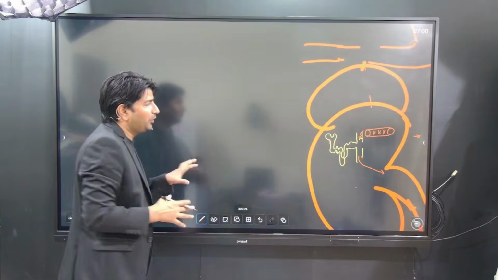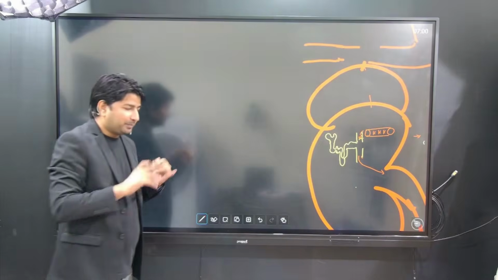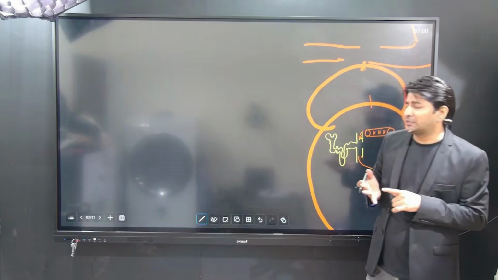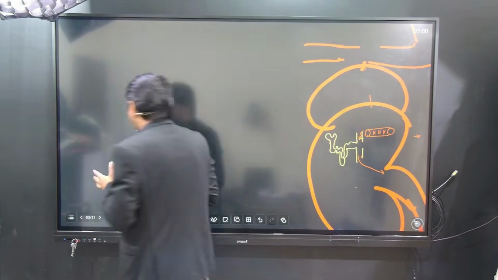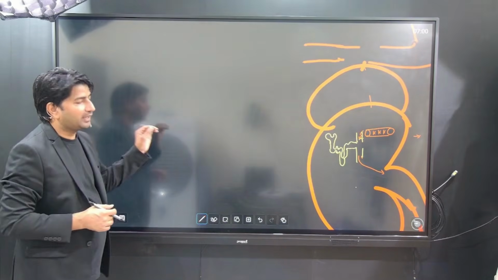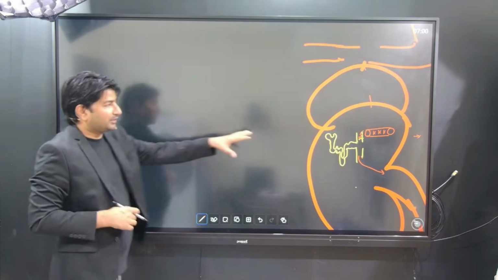So we have to avoid foods that are high in potassium, like bananas, spinach, oranges, avocados, potatoes, and coconut water. All of these high potassium diets should be avoided if the patient is taking an angiotensin-converting enzyme inhibitor drug, that was the reason.